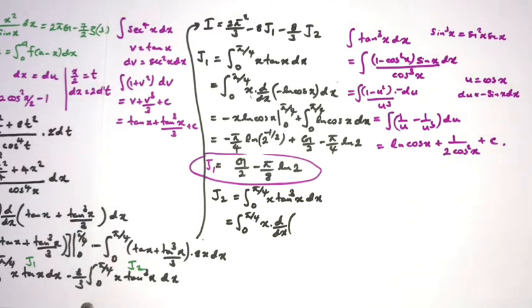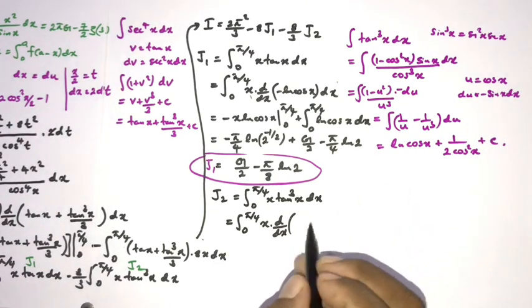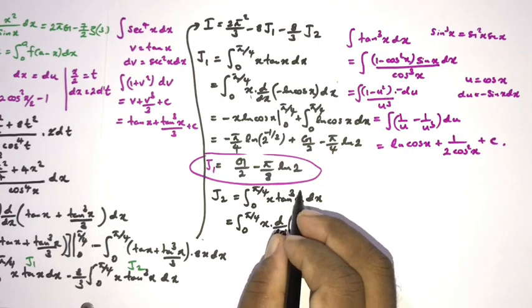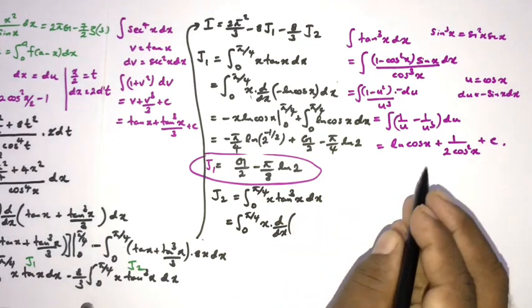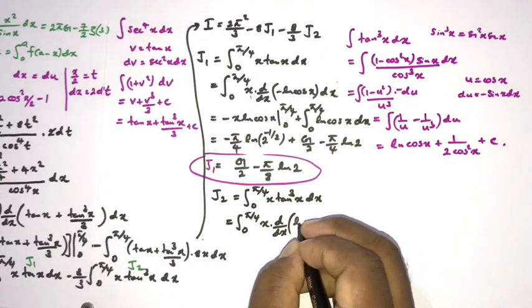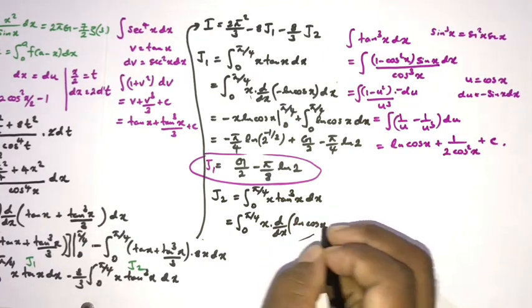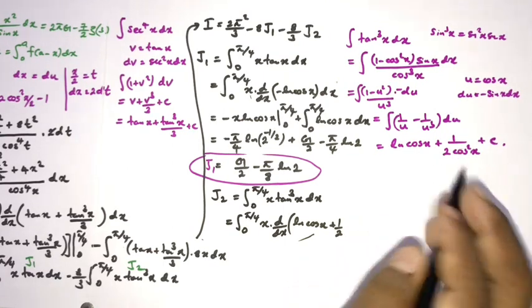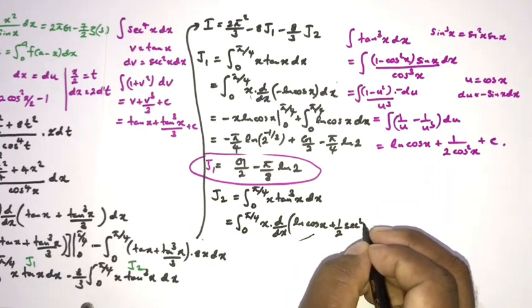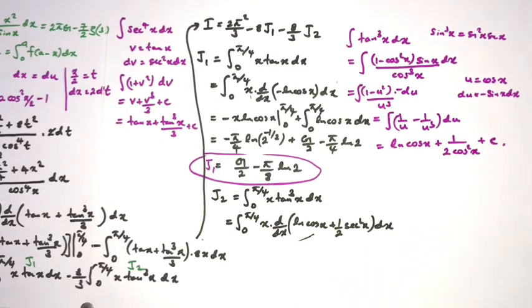Now the integration of tan cube of x is equal to natural log of cosine of x plus 1/2 times 1 over cosine square, which is secant square of x.